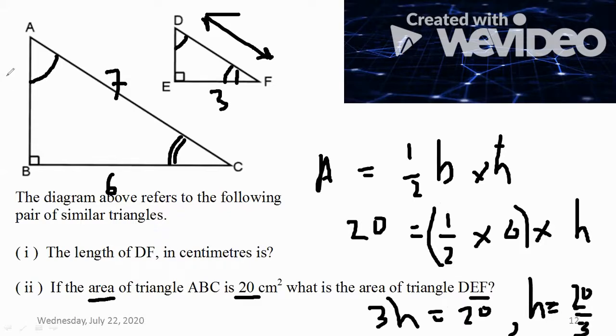So this is actually 20 over 3. Now, if this height AB is 20 over 3, then this height ED would go down. We're going to times by a half to get side ED, because the scale factor is 0.5.